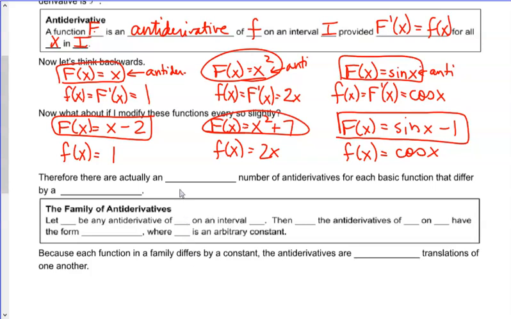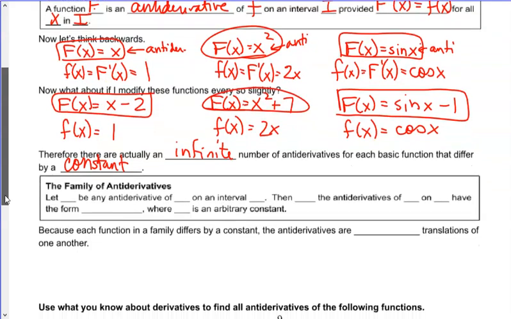Therefore, there are actually an infinite number of antiderivatives for each basic function that differs by a what? Well, all I did was add a constant to each one of those original functions, and anytime that I have functions differing by a constant, they will have the same derivative.